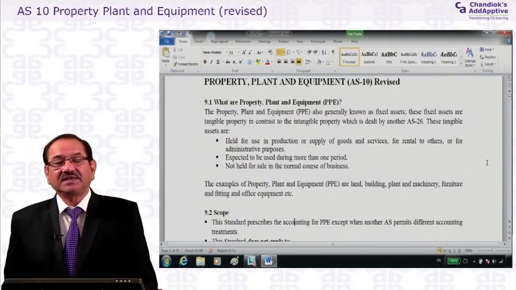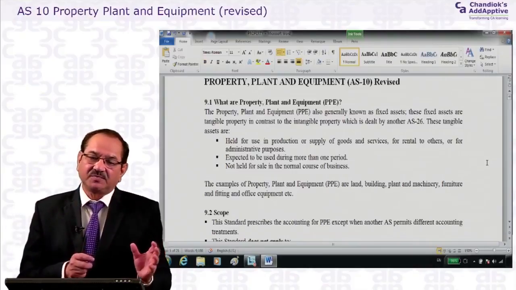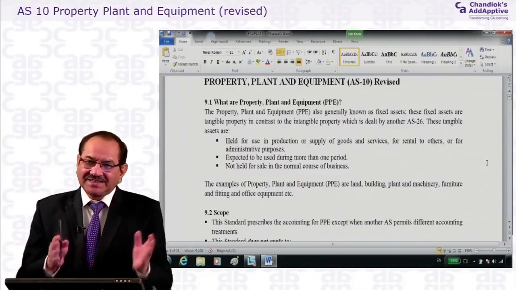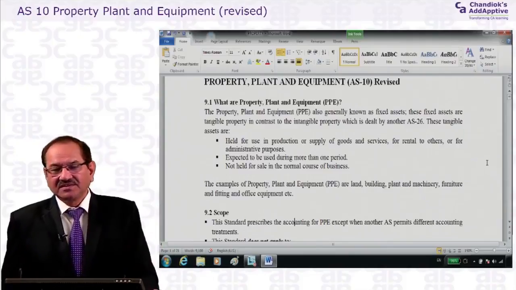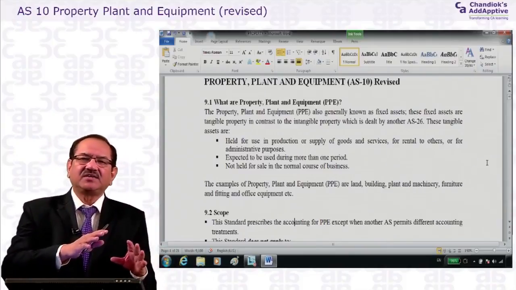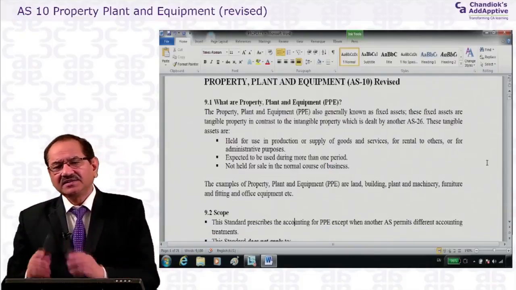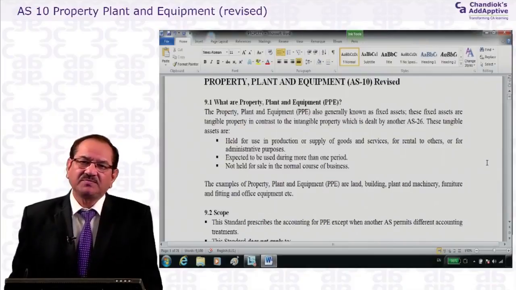Now this is the description of property, plant and equipment, and after listening to these descriptions, you must now be realizing that there is no difference between the earlier standard of fixed assets and this revised standard, which is called property, plant and equipment.